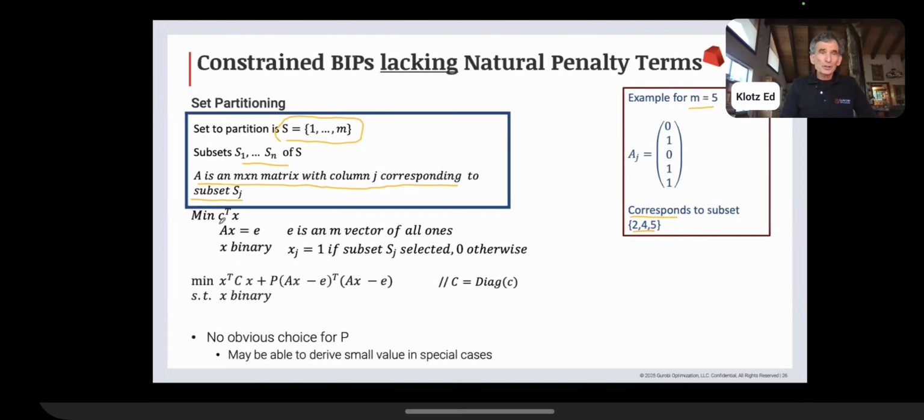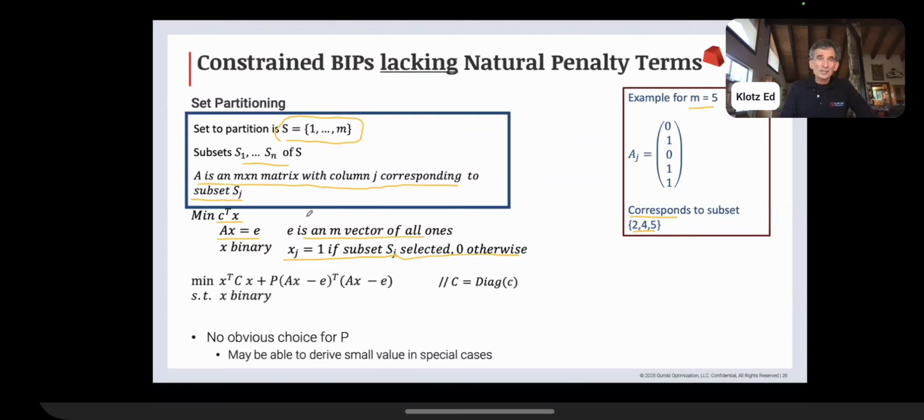So our set partitioning problem then involves a collection of binary variables that we want set to 1 if subset J is selected, 0 otherwise. We want to minimize some expression of the number of subsets. And then to ensure that we have this unique partition, we take the matrix times the binary variables and set it equal to a right-hand side of all ones.